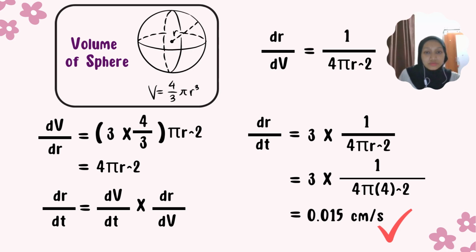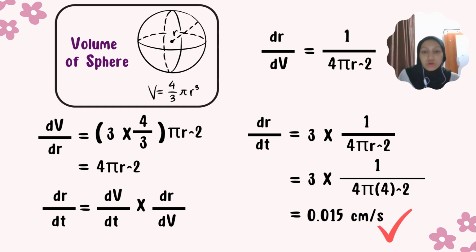First, dr over dt is equal to dV over dt, which is from the question, which is 3, and then we times it with dr over dV that we just found, which is 1 over 4 pi r squared. And don't forget to replace the r with 4 centimeters, which is what the question needs.